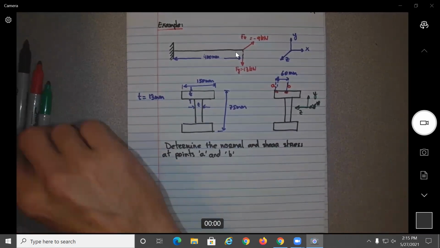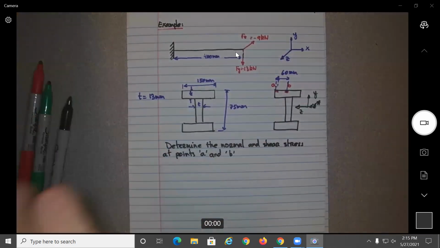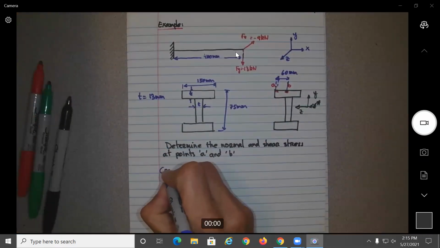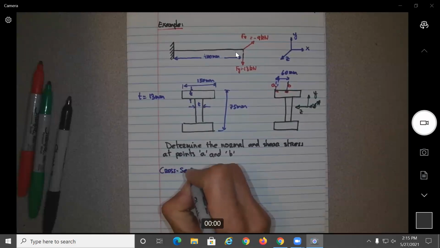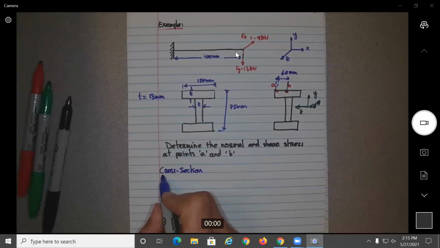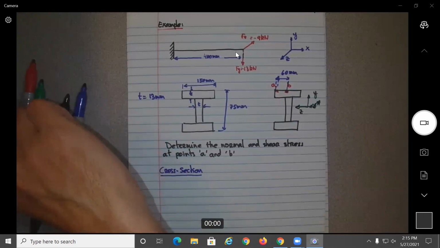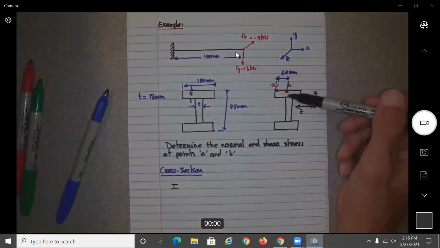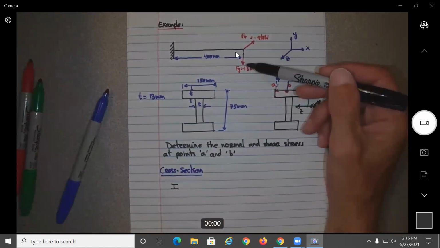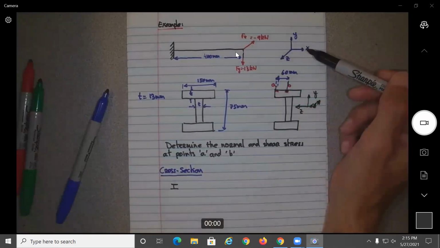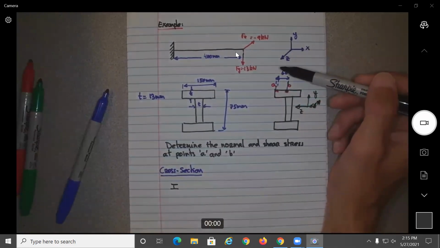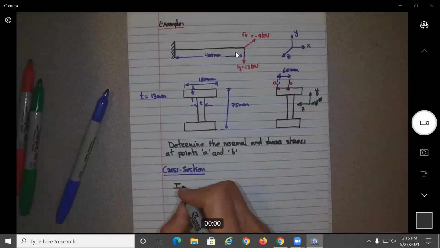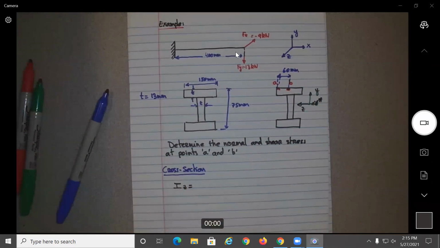So the cross section properties. I'm going to stop giving that many details. Because this is going to bend, in what direction? If we only look at the Fy, this is going to bend about the Z, which means that we need to find I sub Z. So I'm going to start going faster, doing it as before.